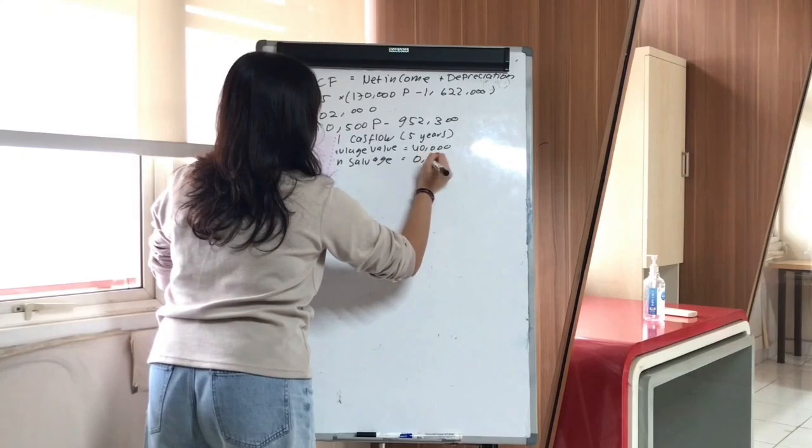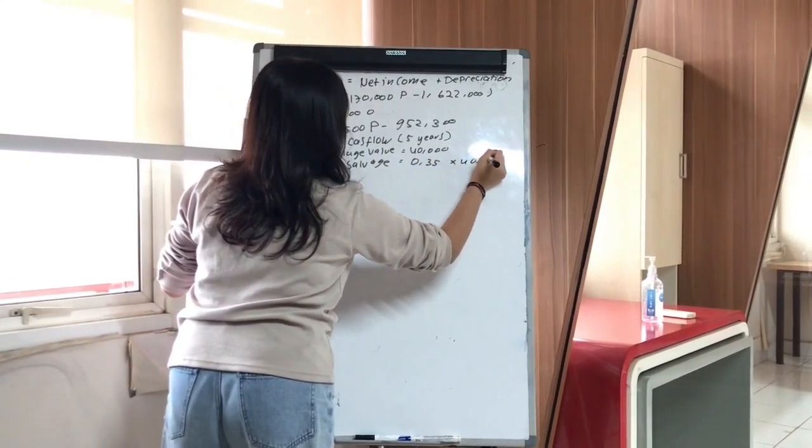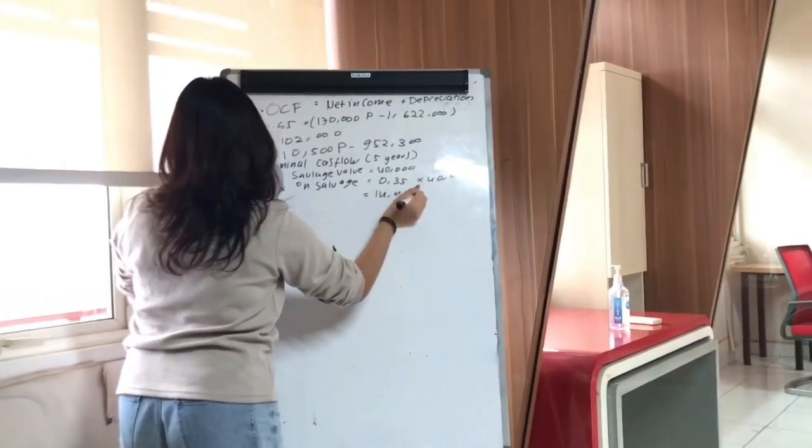That is equal to 0.35 times 40,000, and we will get 14,000.